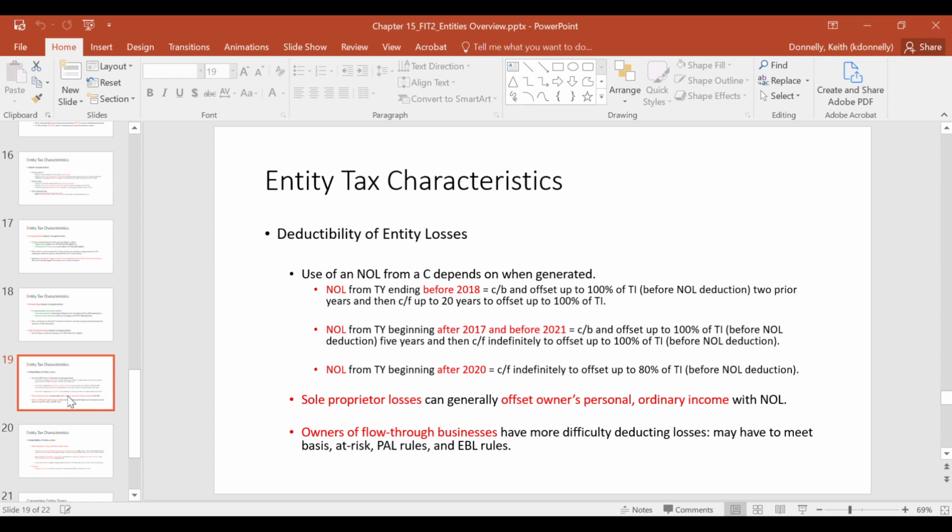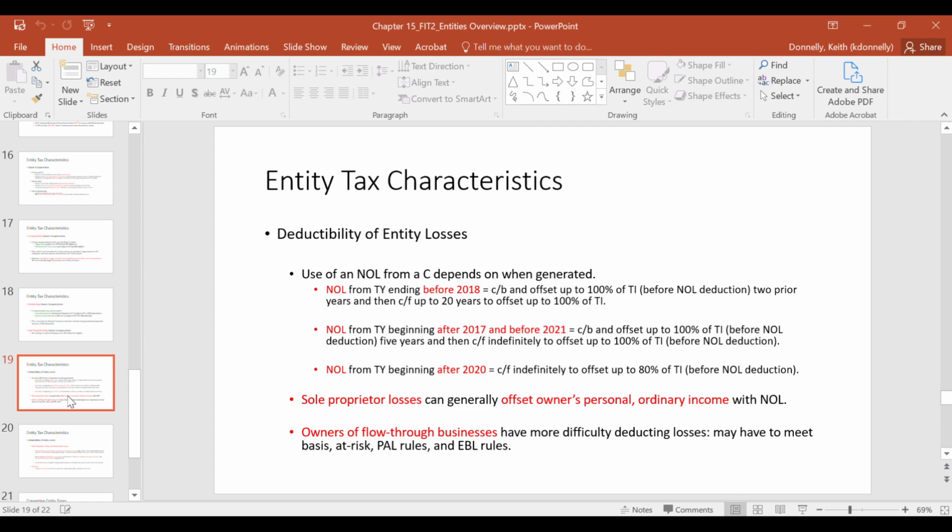If that happened before tax year 2018, what you do is carry it back 2 years to the prior 2-year tax returns to offset income in those years, and then carry it forward 20 years. In other words, go back and amend the last 2 years of tax returns to use that NOL to offset income then. And if you still have leftover NOL after that, if it hasn't been fully extinguished, then you can carry it forward for the next 20 years.